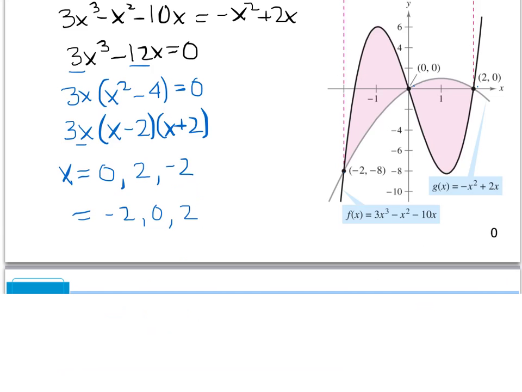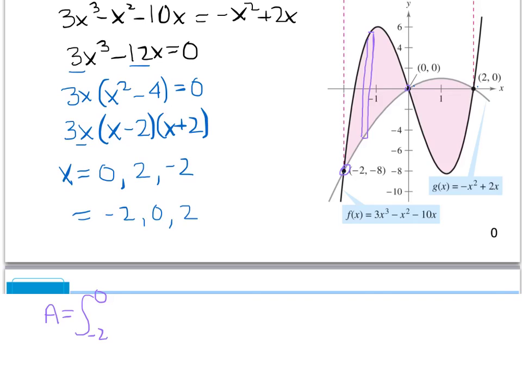The other thing I need to do is make sure that when I'm integrating, I'm including the correct boundaries on my integration. Before I do this, if I draw a rectangle, I see that I can draw a vertical rectangle and hit both of my curves. So I'm going to calculate my area by taking the integral. In this case, I'm looking from negative 2 to 0.